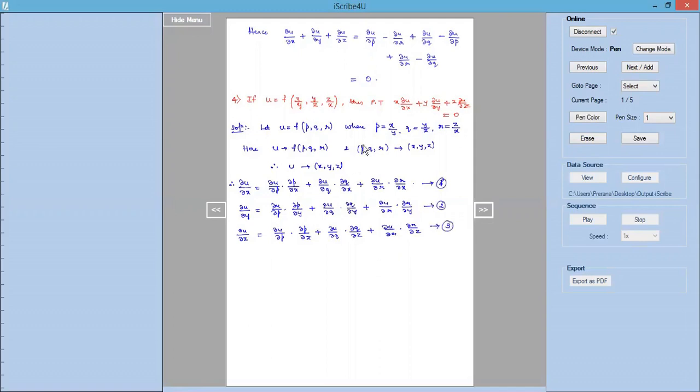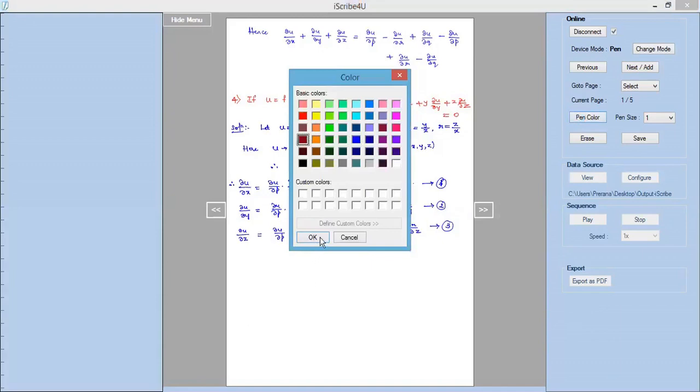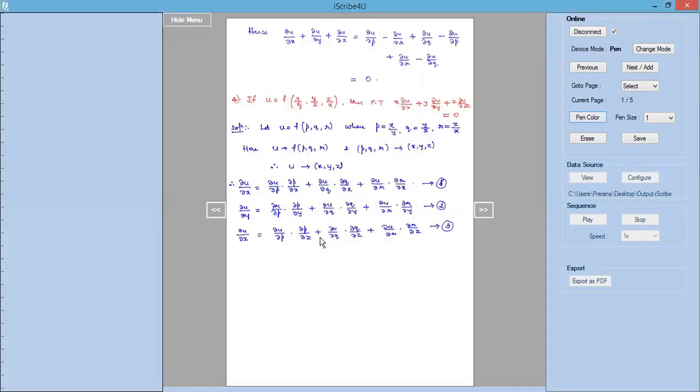Now, like the previous problem, we will consider the partial derivatives of p, q and r, which are defined for us, and we will find the partial derivatives of p, q, r with respect to x, y, z respectively. So let us consider one by one now. Consider p is equal to x/y. We find the partial derivative of p with respect to x.